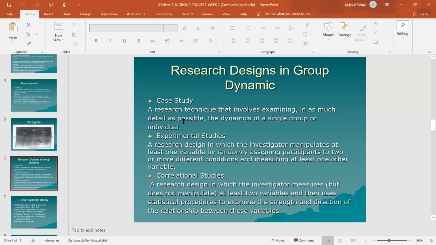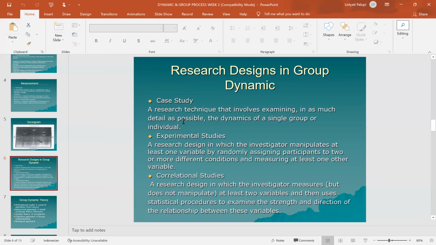So that's the example of experimental studies. Researchers need to manipulate at least one variable, and then investigate the effect of the manipulation applied to a certain variable on another variable.